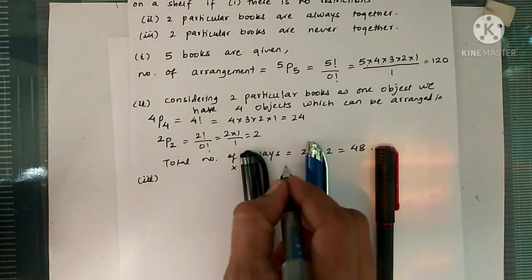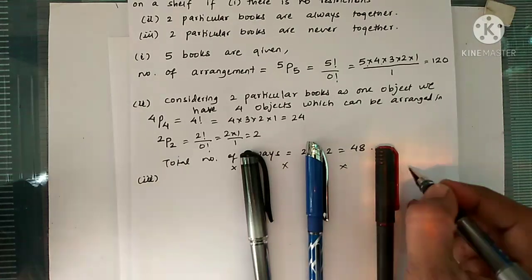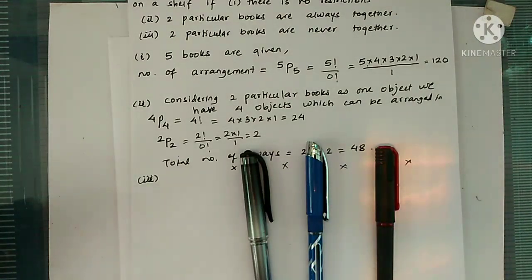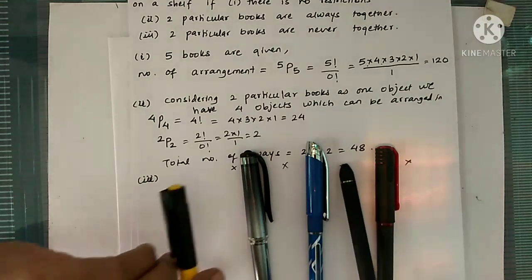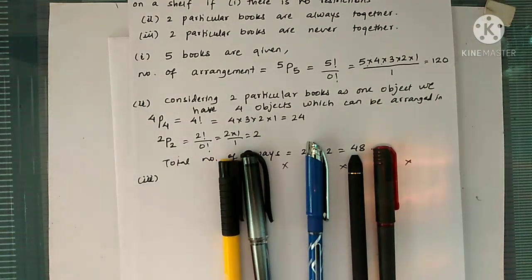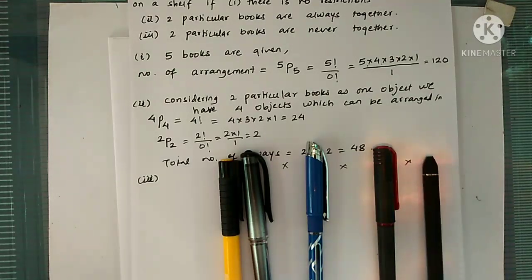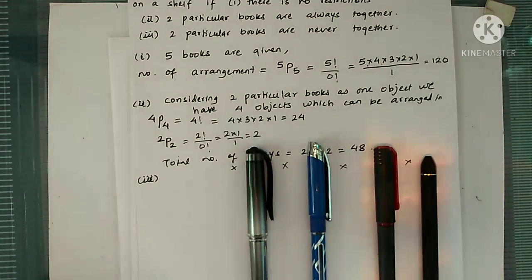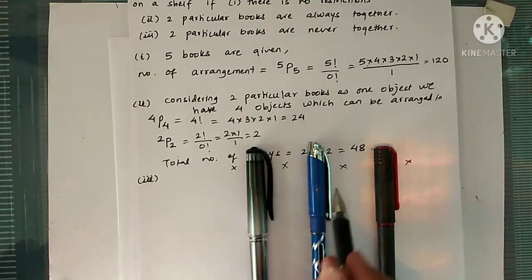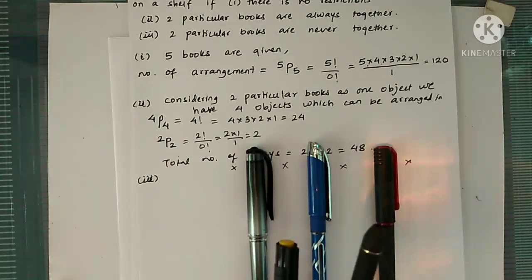So what we want here is, if we want these not to be together, then we have to place these 2 objects in these places. See, I have marked the places by a cross. If I select any 2 places marked by a cross and place these 2 objects there, then those will not be together. So these positions are 4 and we want to place only 2 objects.